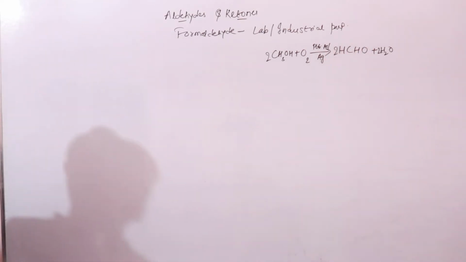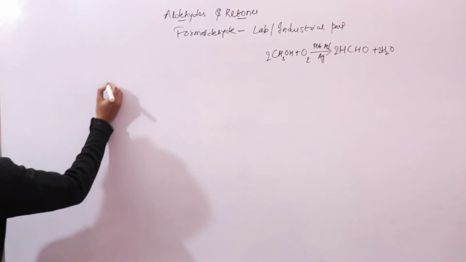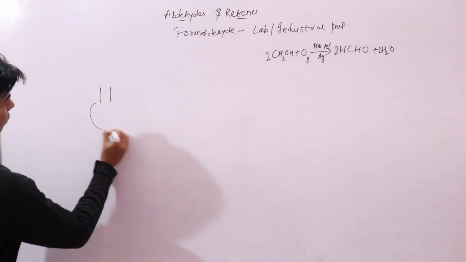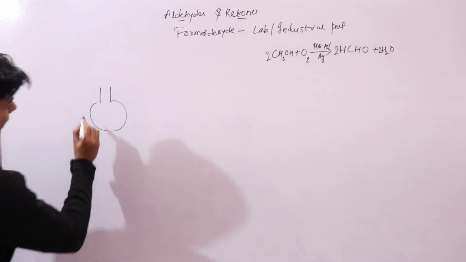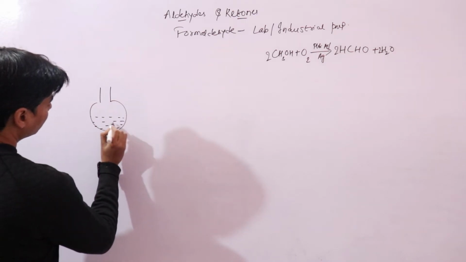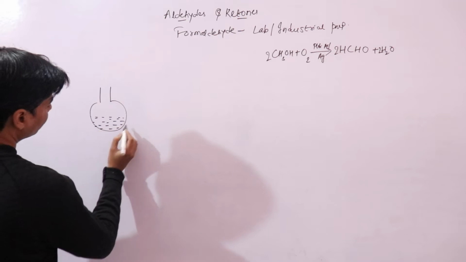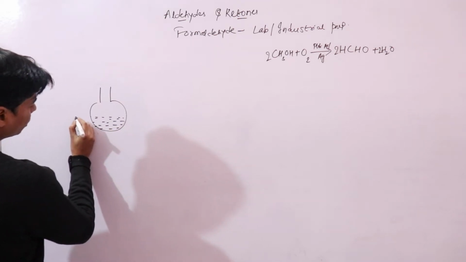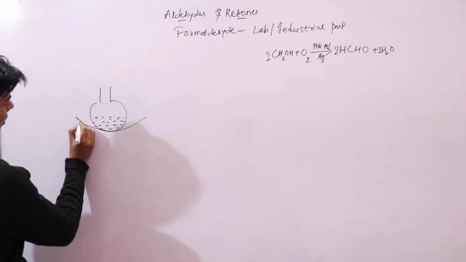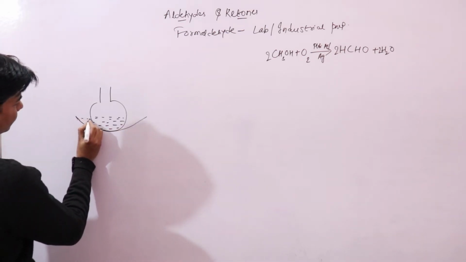What we do is we take a round bottom flask like this. In this round bottom flask we have methanol. Now this round bottom flask is placed like this on a water bath.